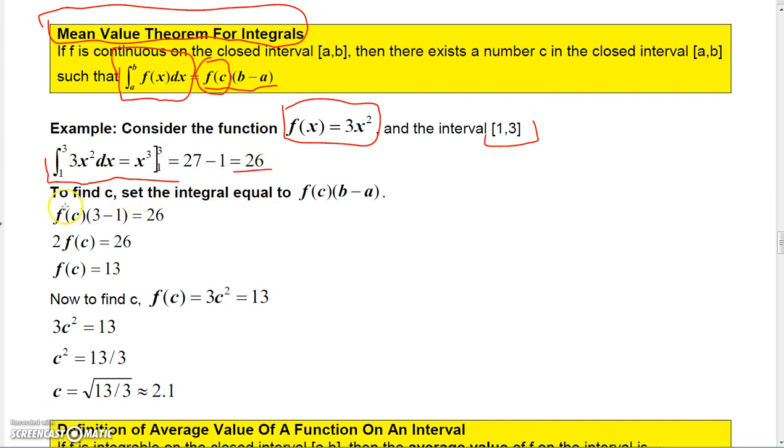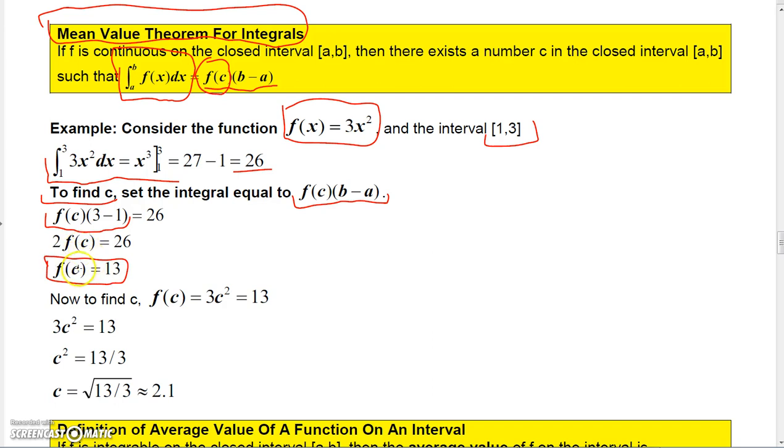Now, we want to find c such that f of c times b minus a equals this integral, 26. Well, b minus a is the top minus the bottom, so that's 3 minus 1, which is 2. So 2 times f of c must equal 26. If I divide both sides by 2, then f of c must be 13.